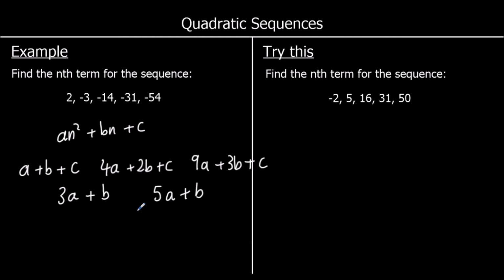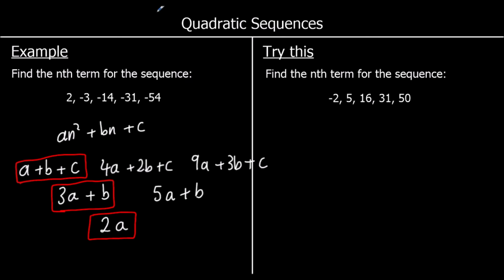And the second difference, the difference between the two differences, is 2a. So for any quadratic sequence, we can say the first term is a plus b plus c. The difference between the first two terms is 3a plus b, and the second difference is 2a. And we're going to use this to find the nth term.